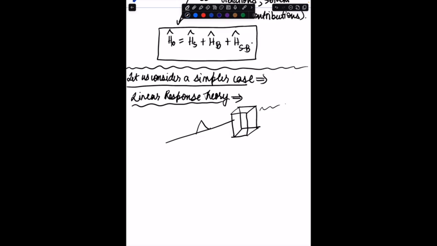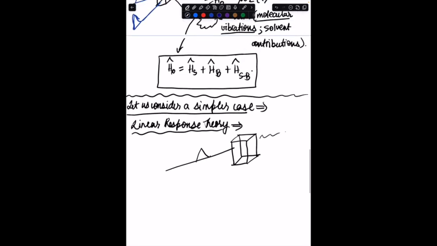So an example of linear response theory would be UV visible spectroscopy, infrared spectroscopy, and so on and so forth, just with one light field. So like FTIR, UV vis would all be treated under the framework of linear response theory, essentially. So in linear response theory, you have only one light field.